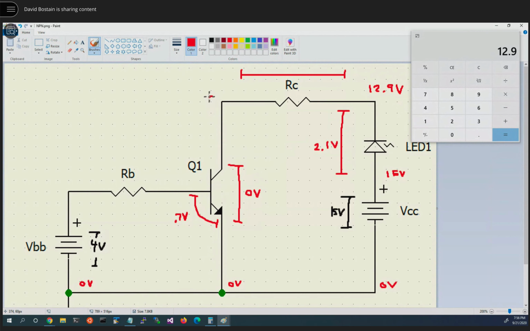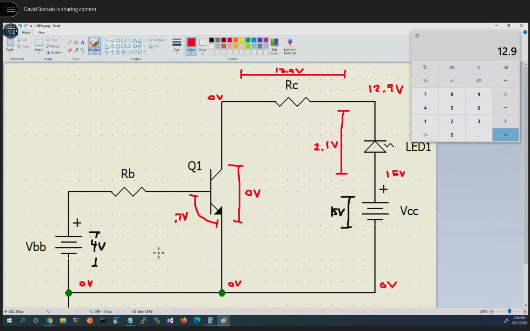It would be 0 volts here, right? So the drop across it is going to be 12.9 minus 0, which means this guy has a 12.9 voltage drop across him. I'll never read that again, but I'll try to remember it.